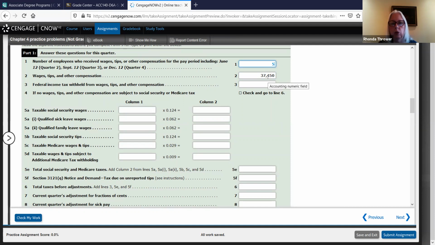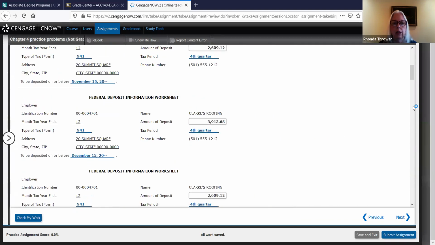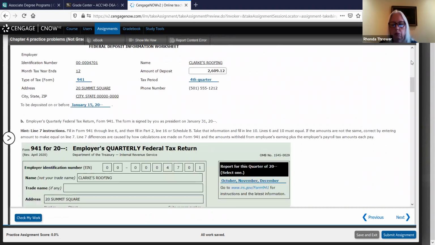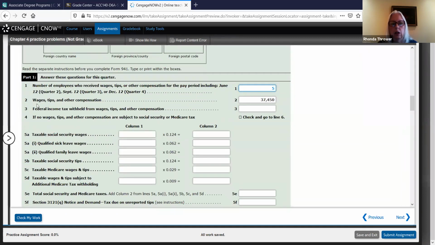On line 2, we're going to put the wages, tips, and other compensation, which also was given, $37,450. Right here is where I'm getting that information. Then on line 3, they want the federal income tax that you withheld.